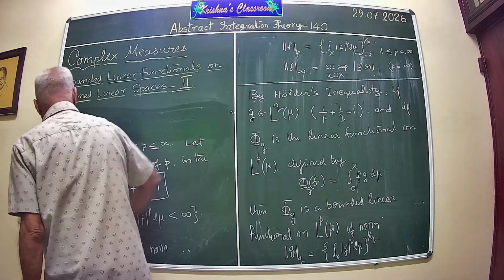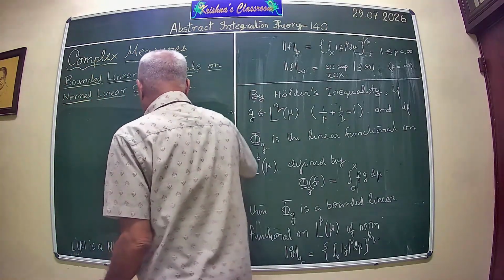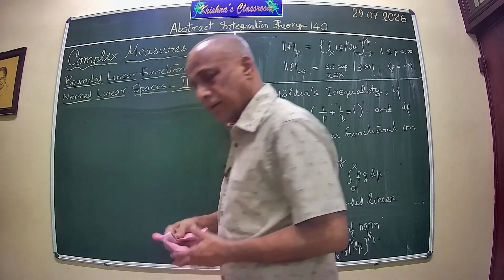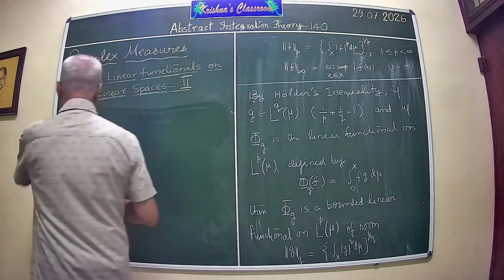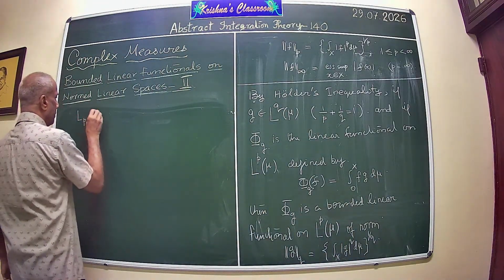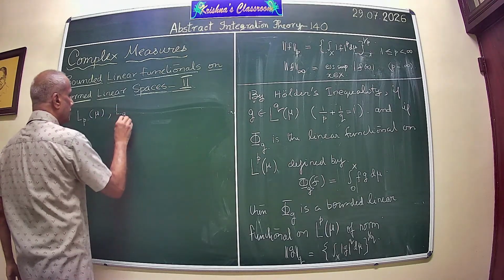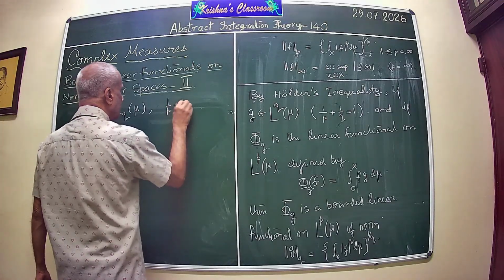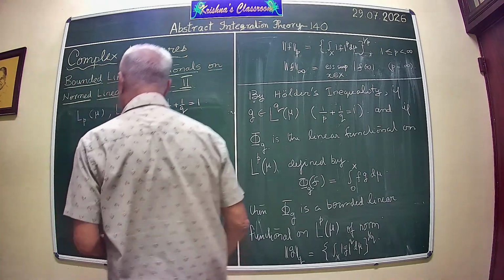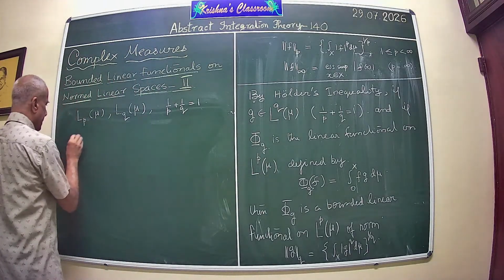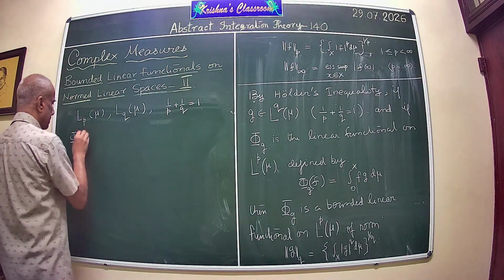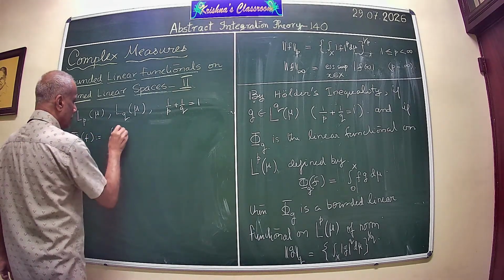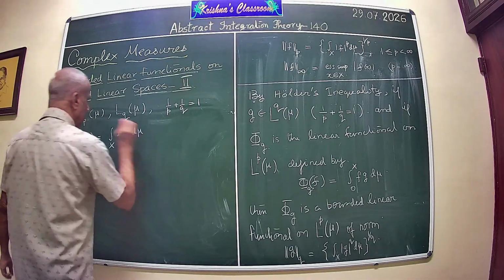So you see, here we have two spaces now, LP and LQ. We pick an element g from LQ, with 1/p plus 1/q equal to 1, and we have phi g defined by the integral of f g d mu.